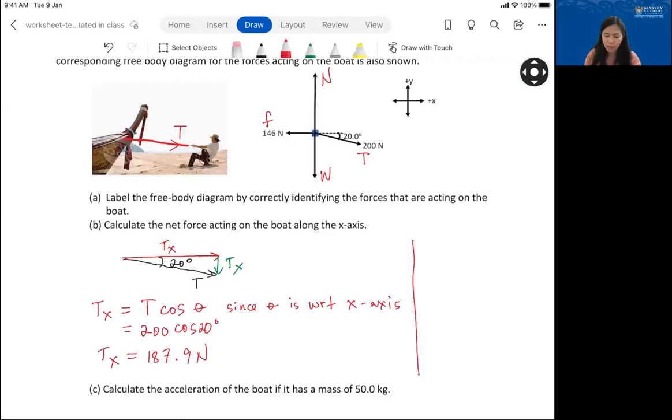But you have a frictional force that's pointing to the left. So the net force along x should be the x component of tension that's positive minus the frictional force that's negative.